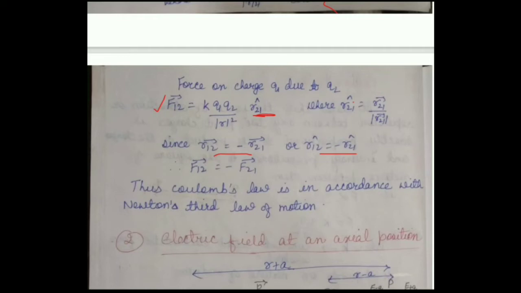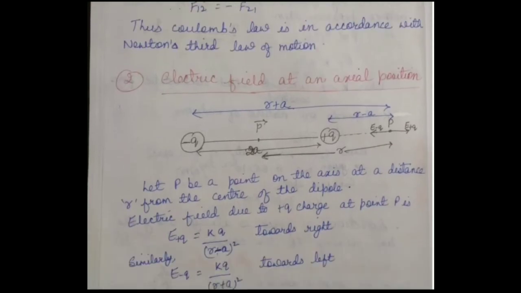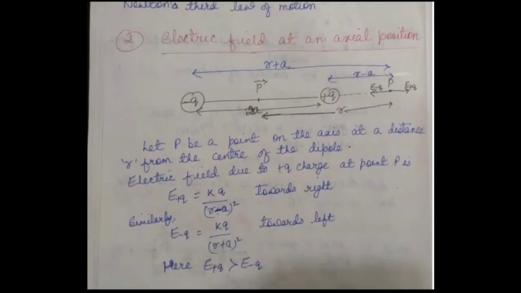Okay. Now come to the second question. Electric field due to an electric dipole at an axial position. Before starting this question, you must know about the electric dipole. What is an electric dipole? What is its value? Then you find the electric field, right? An electric dipole is actually a system of two equal and opposite charges. Suppose there is a minus q charge and a plus q charge, separated by some distance.